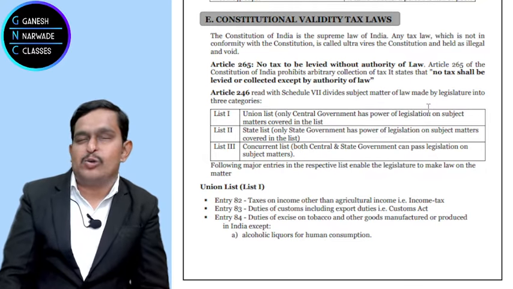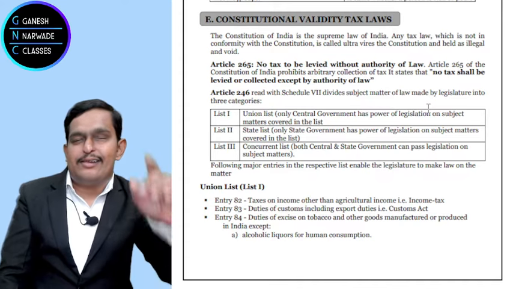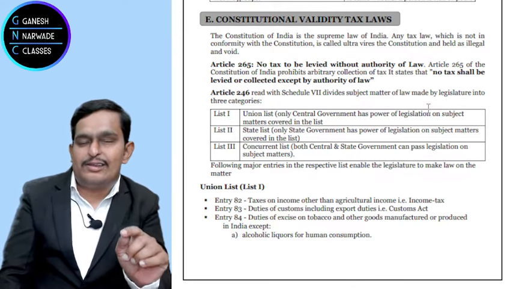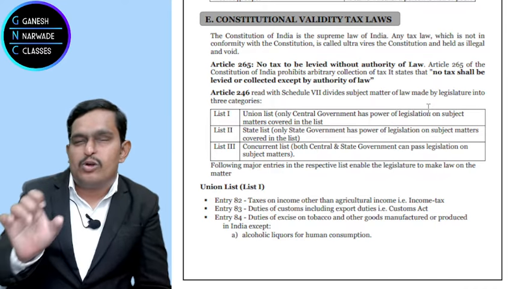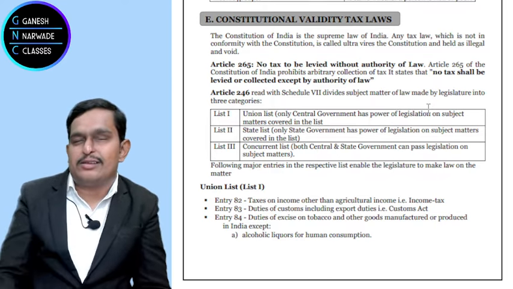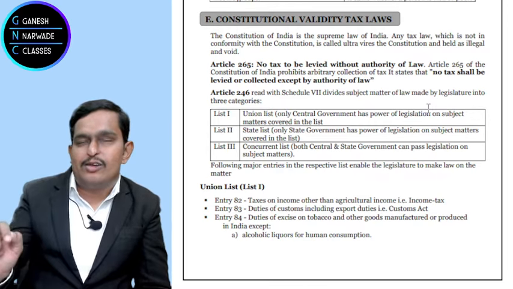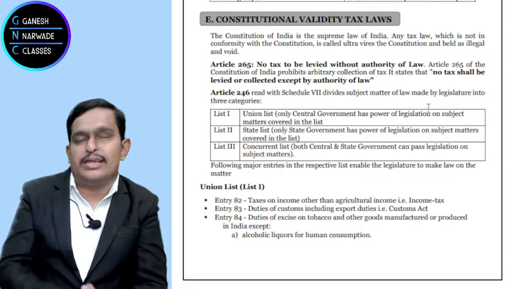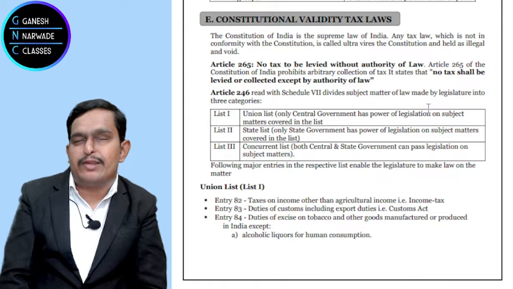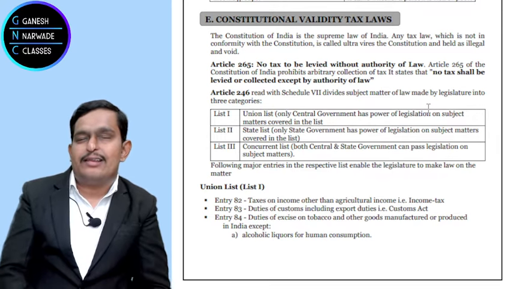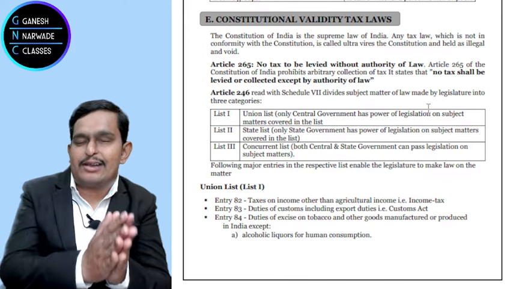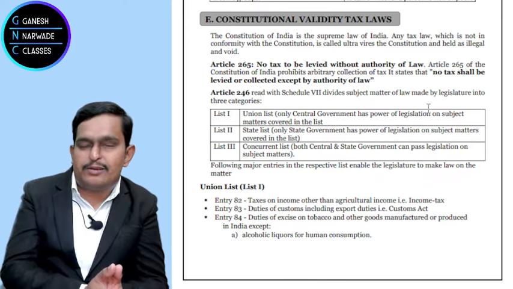And Article 246 says that this is List 1 on which the central government can make the law, this is List 2 on which the state government can make the law, and this is List 3 on which both can make the laws. Again repeat with me. Article 246 read with Schedule 7. Now what they say, List 1 items are covered where the central government can make the law.